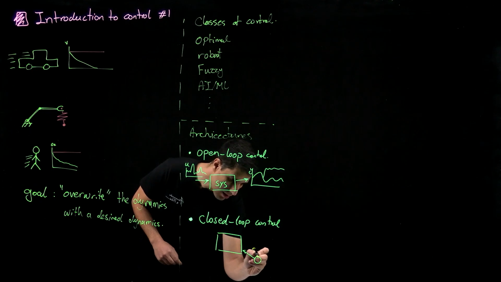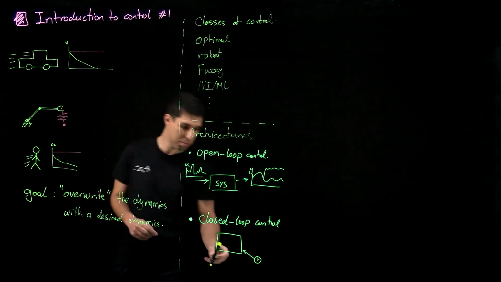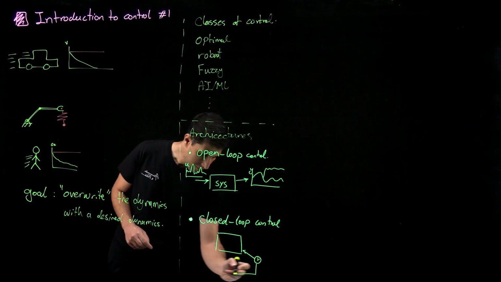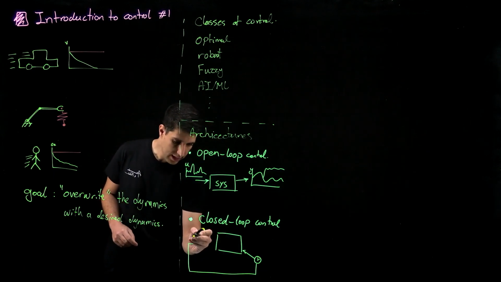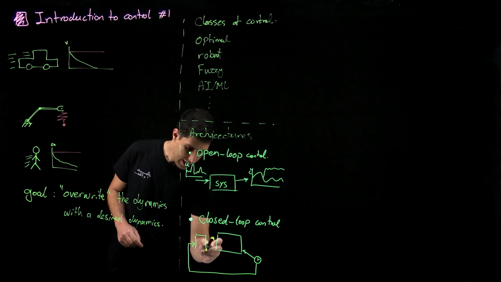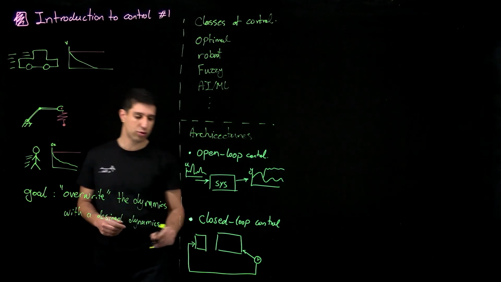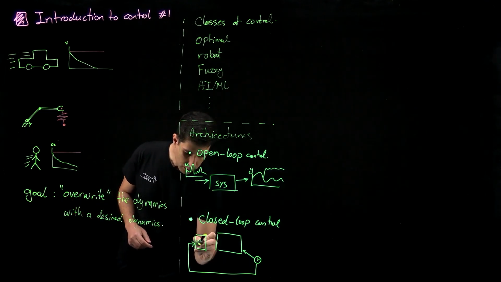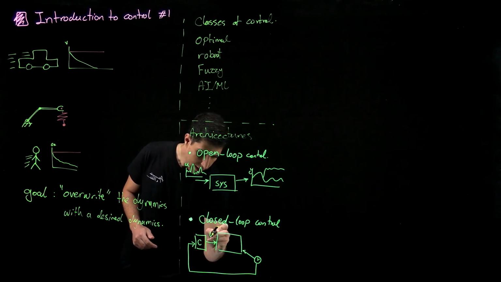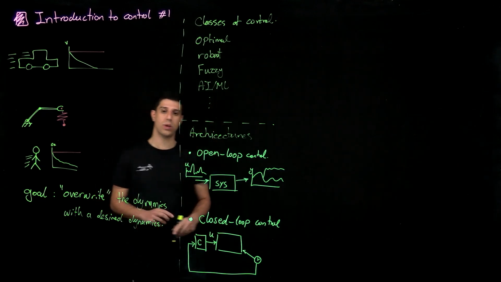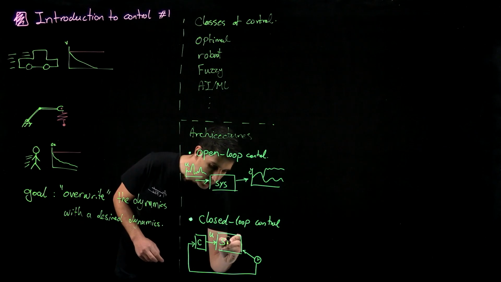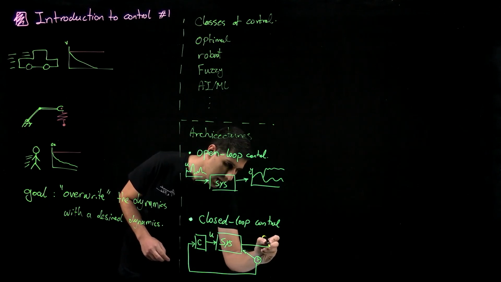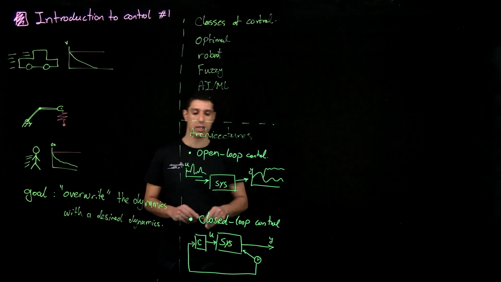So I have this measuring device that measures the output of the system, and I take that and feed it to some control logic. This is my controller, that then decides what inputs to give to the system such that my output behaves the way I want.